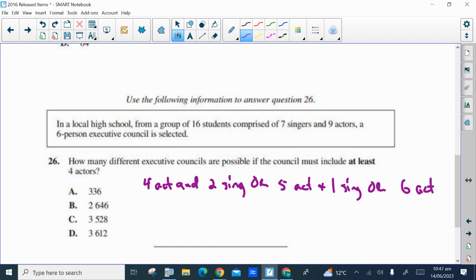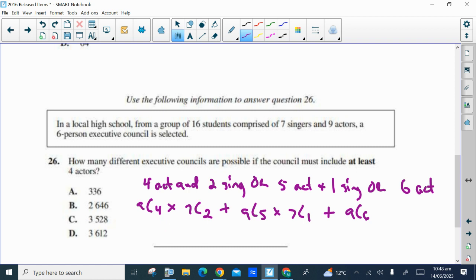So for the 4 actors, it would be 9C4. Remember, and means times, or means plus. 2 singers would be 7C2, plus 5 actors would be 9C5 times 7C1 for 1 singer. Again, or means plus. 6 actors would be 9C6.